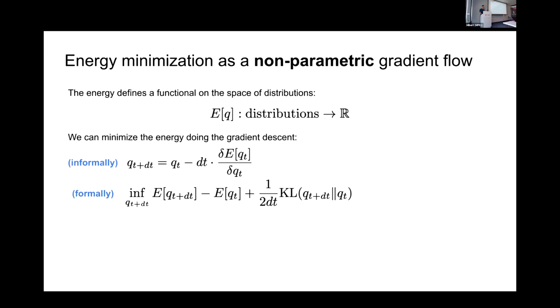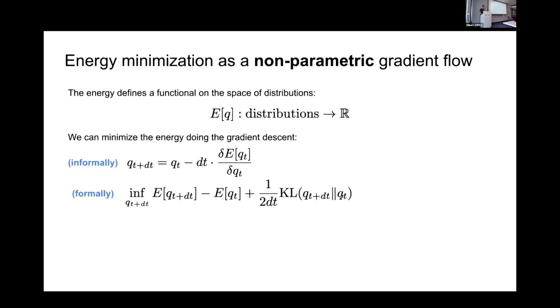Formally, we can formalize it as proximal gradients. Proximal gradients is quite easy. We have the current density q_t, we want to find the infimum of the energy with respect to q_{t+dt}, but also we want our step to be local. So, if we don't have this scale here, we will just find the global optimum of the energy, and there is no value in this equation.